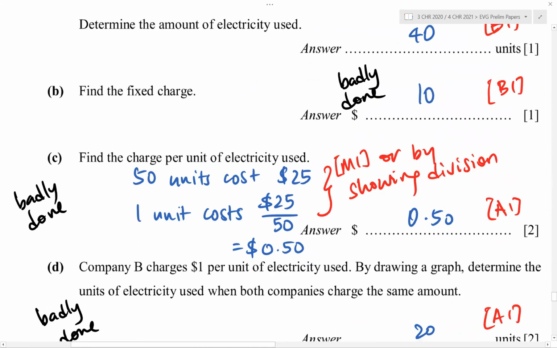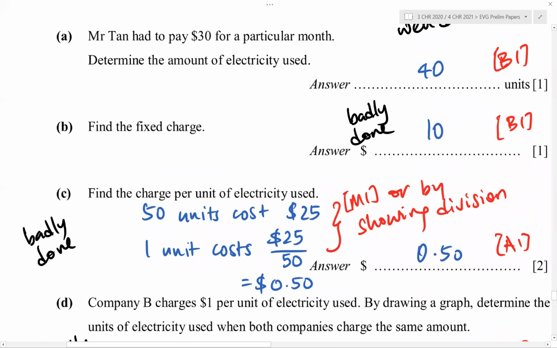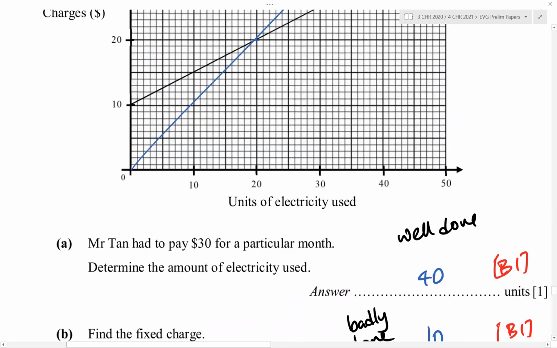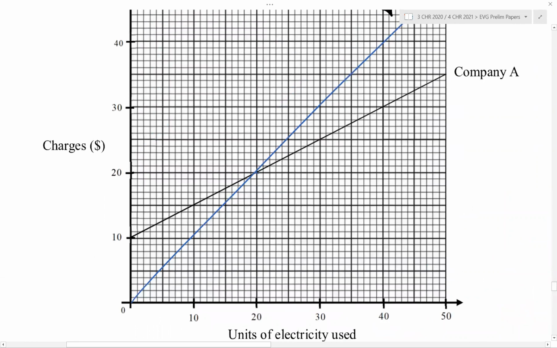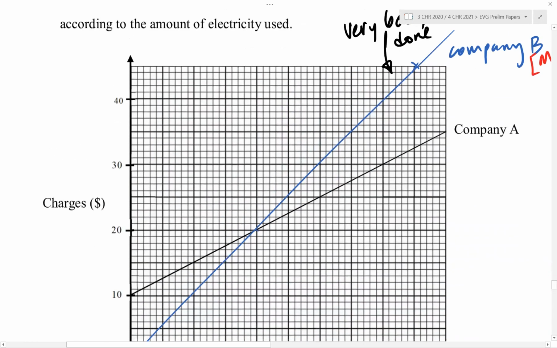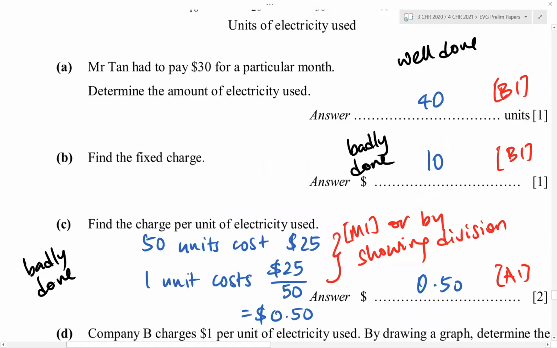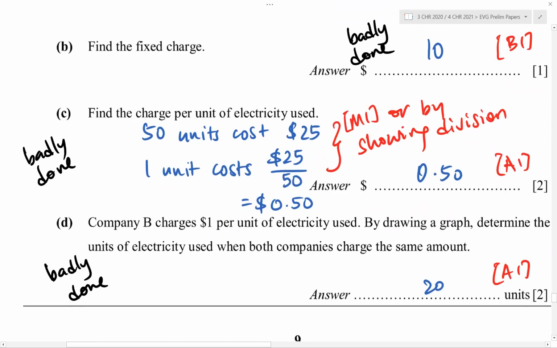Part C, any form of division, as long as you get answer as 50 cents, $0.5. 50, okay. We have to take away the fixed charge. I'll explain later on. So this is not wrong. The 40 cents is not wrong. Okay, later I explain.